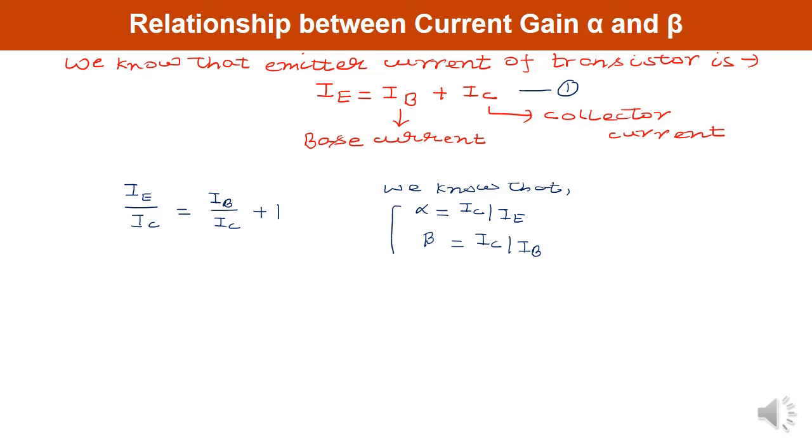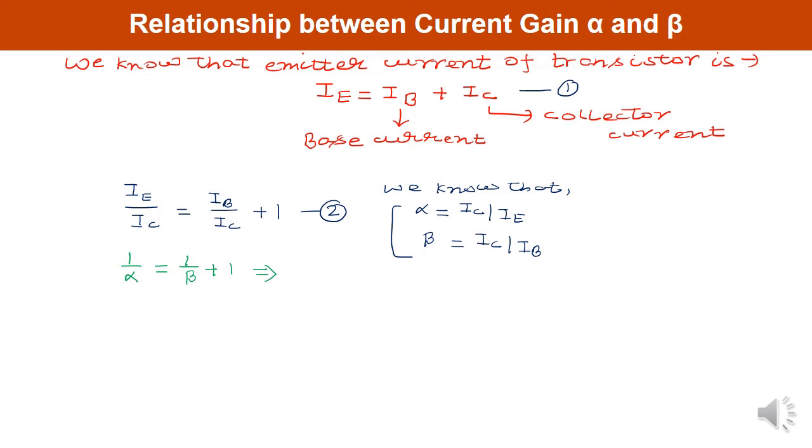So now, utilizing these two equations and substituting in equation number 2, we write this equation in terms of alpha and beta. IE upon IC is 1 upon alpha, and on the right hand side IB upon IC is 1 upon beta, plus 1.